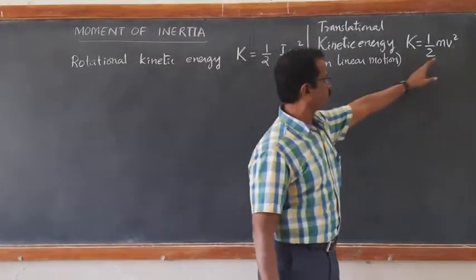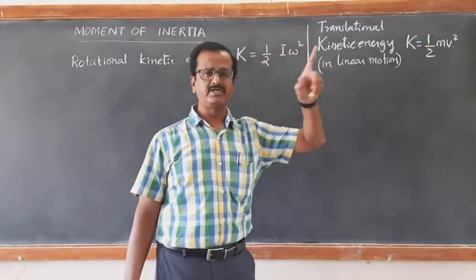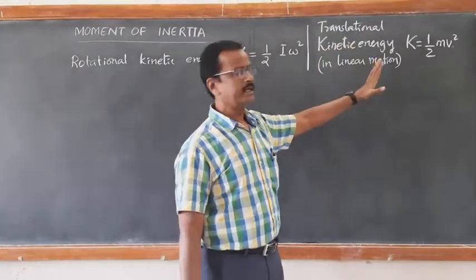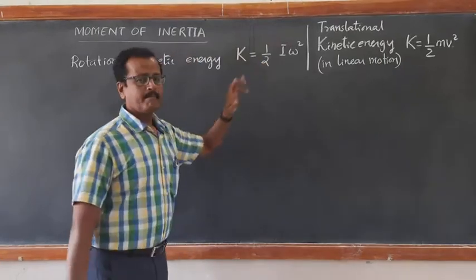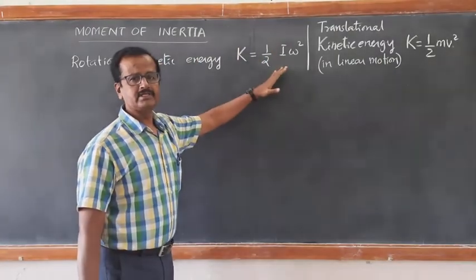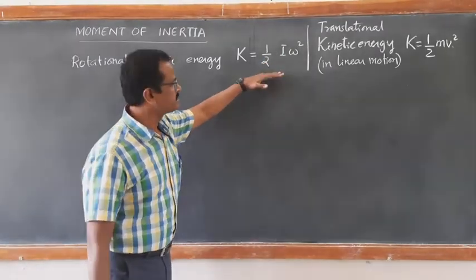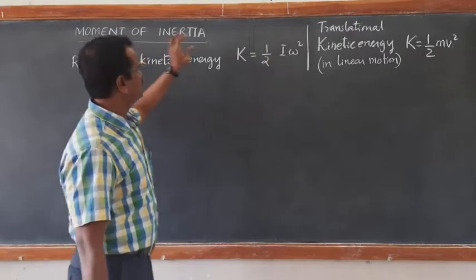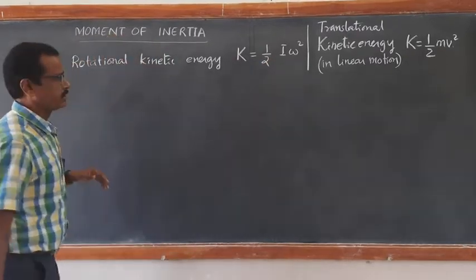And one thing you please note down: the mass, the measure of inertia for translational motion, is replaced by moment of inertia, the measure of rotational inertia, in this equation. The correct term is moment of inertia.